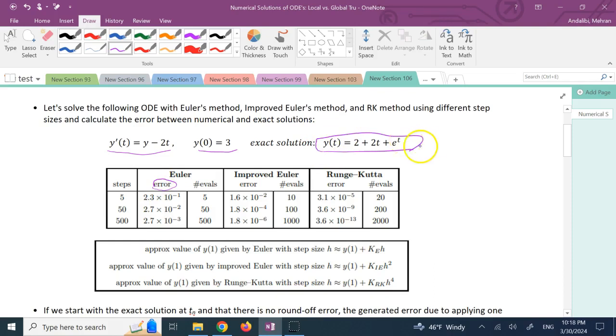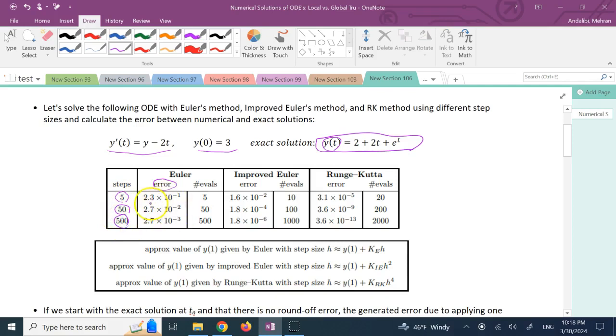So error here is the difference between the exact solution and the approximate solution that comes from any of these methods, okay? And we look at the amount of error that we have in 5 steps, 50 steps, and 500 steps, okay? So the number of steps that we choose is 5, 50, and 500.